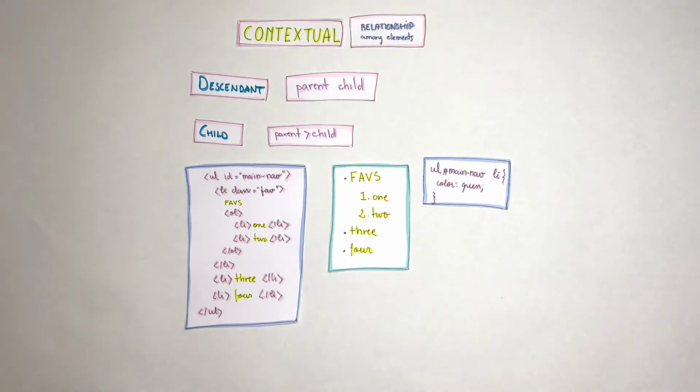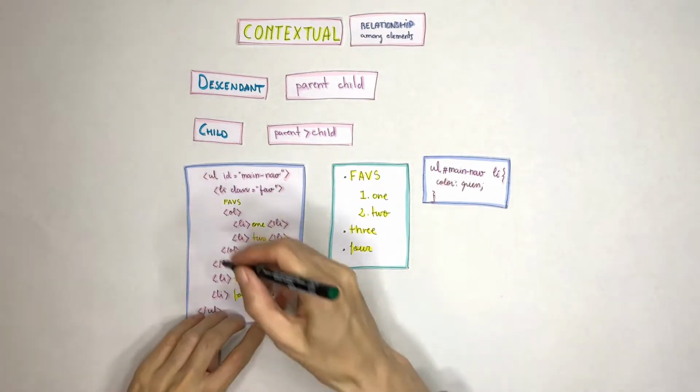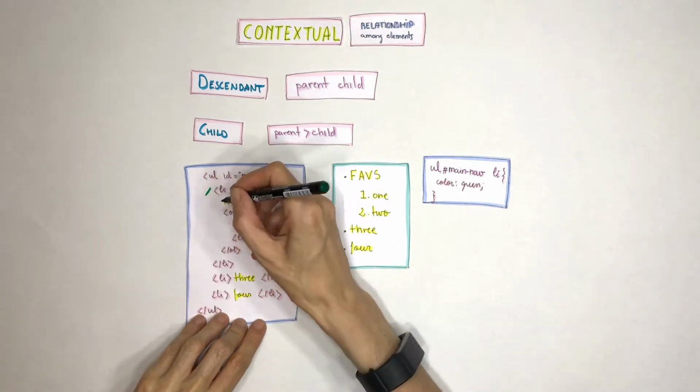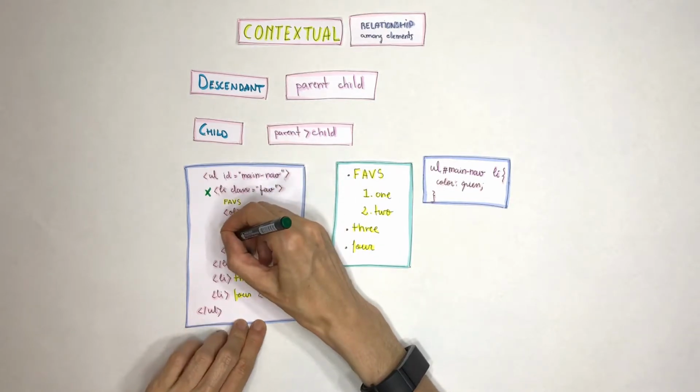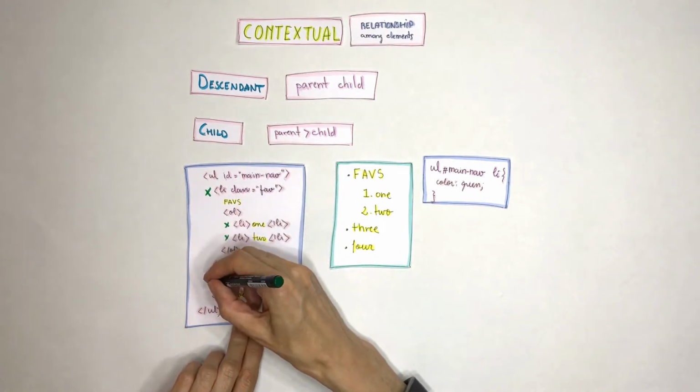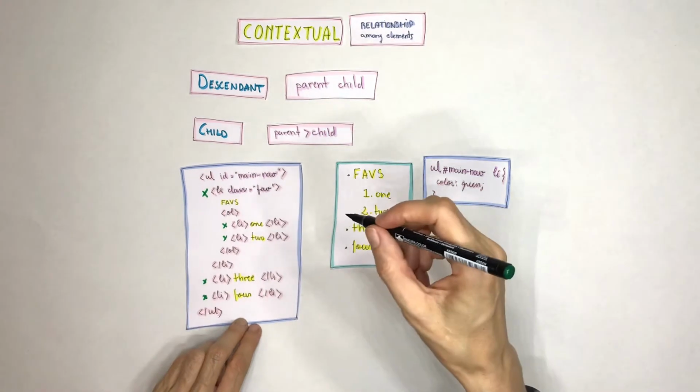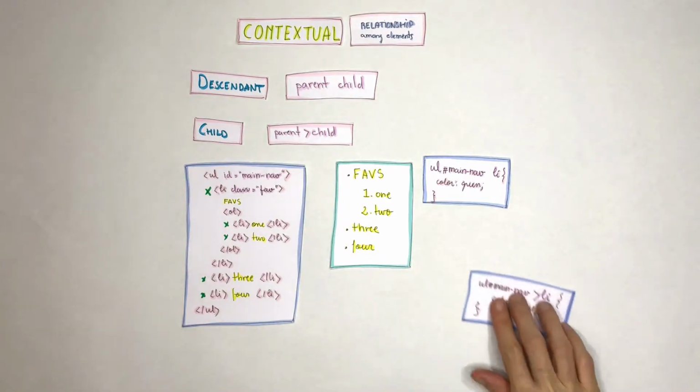We are using UL, which is an element selector, hashtag main nav, which is an ID selector. This means that we are going to select the elements that are a UL element and that have the ID main nav. Let's mark here the elements that are going to be green. All the LI elements that are a descendant of the element UL with ID main nav.